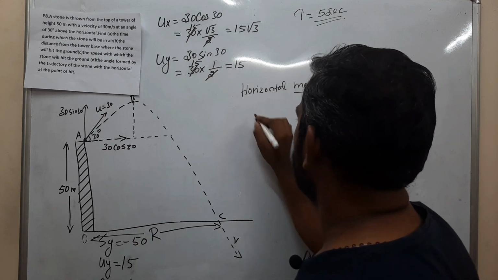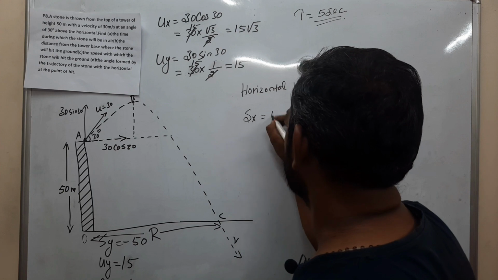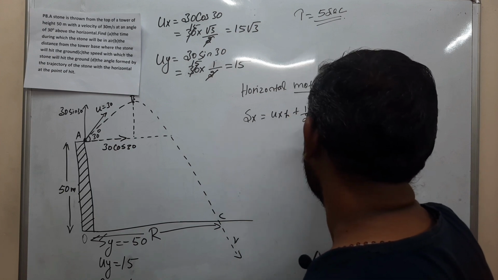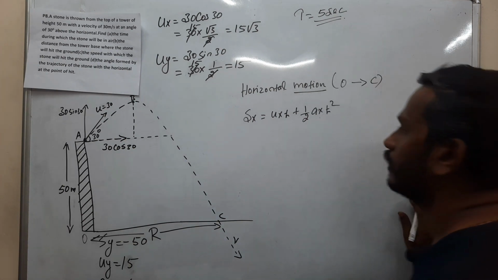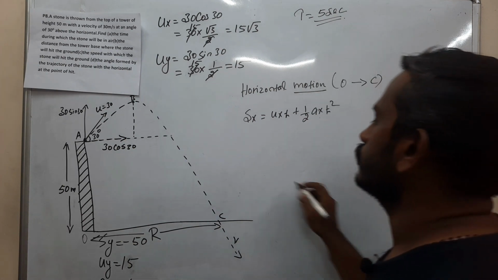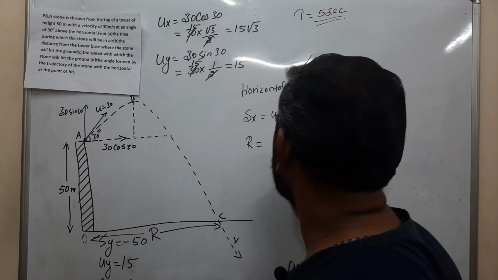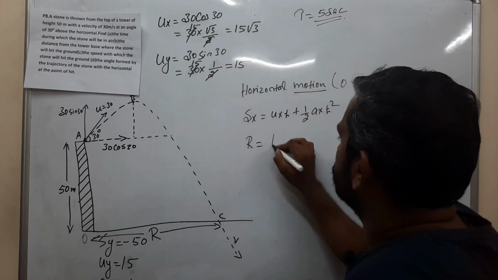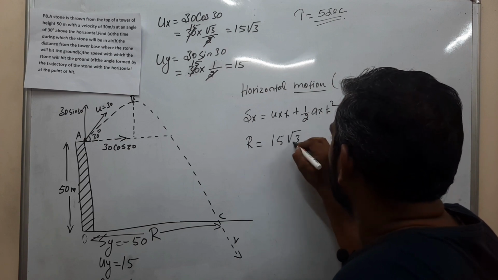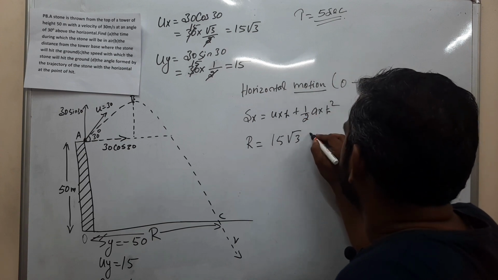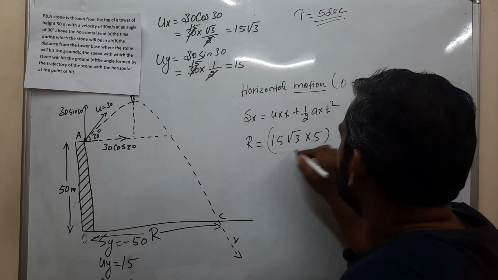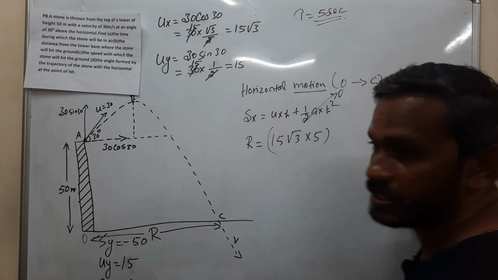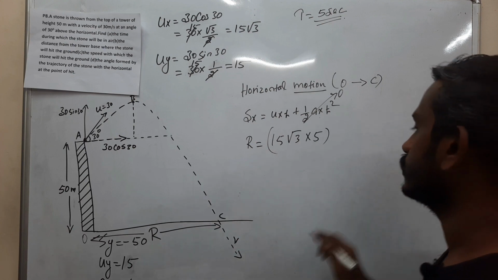Origin. So I am writing the equation Sx is equal to ux t plus half ax t square. So Sx, that is R, is equal to ux, that is initial horizontal velocity, 15 root 3, into t, that is time of flight, 5 seconds. So the term ax t square becomes 0, because the acceleration in the horizontal direction is 0.